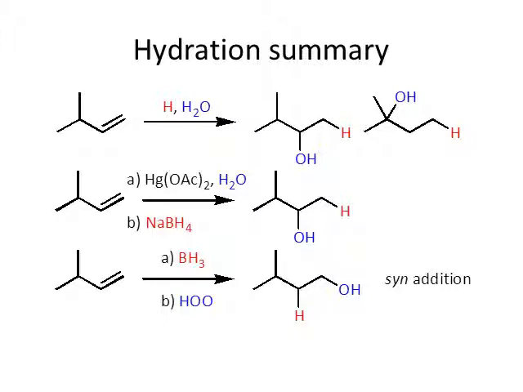Okay, let's sum up a series of reactions. If I treat this same alkene with acid and water, this should be H+ and water, oxymercuration, demercuration, or hydroboration oxidation, with 3 different sets of conditions. The first one's going to add H and OH in a Markovnikov fashion, but there is the potential for rearrangements.